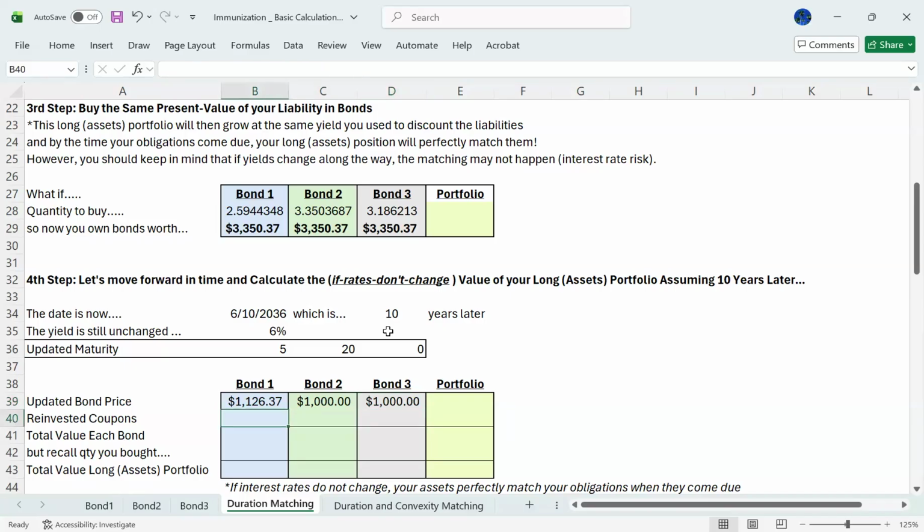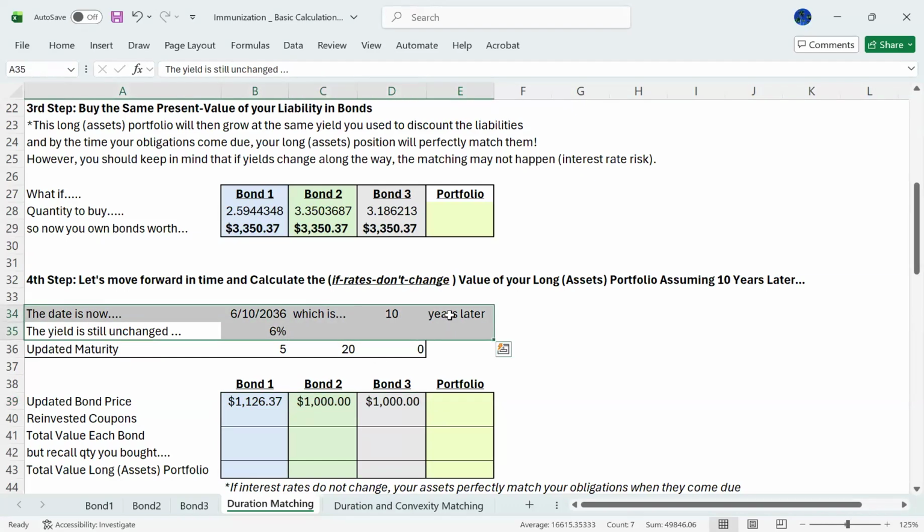Okay, now, so we have two components. We invested in these three bonds. We are evaluating how the price of the bonds evolved. What is the price of the bond I have in hand? But we are 10 years later in time, so during those 10 years, we received coupons and we deposited those coupons.